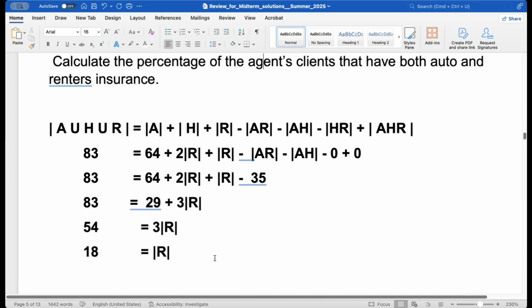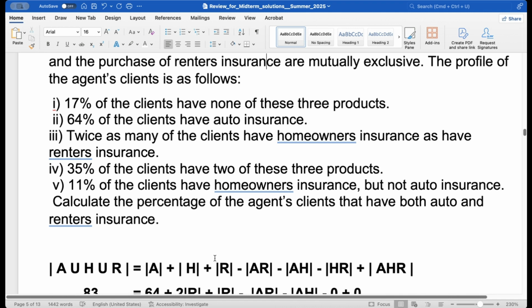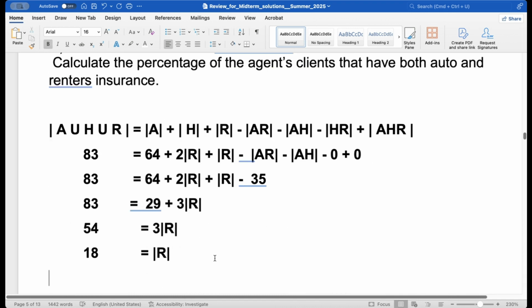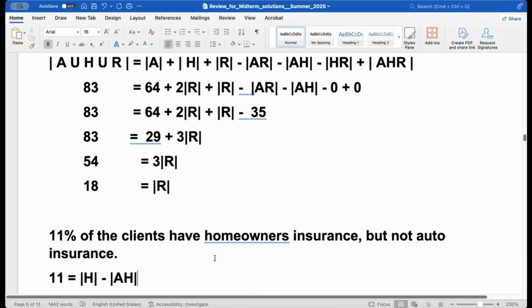Now, what's the question asking for? They want to know both auto and renters insurance. So we were told that 11% of the clients have homeowners insurance but not auto insurance. So that's going to be homeowners minus the overlap of auto and homeowners.